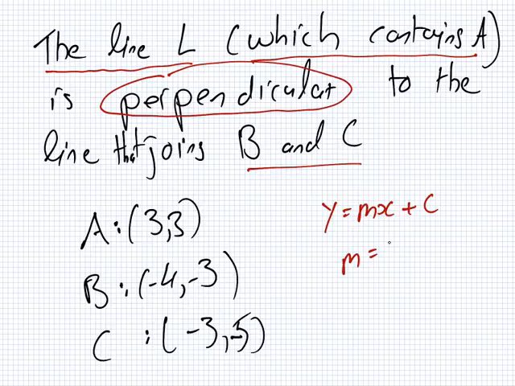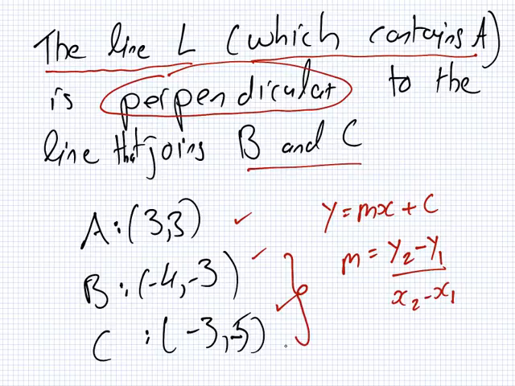Yeah, you can give me the formula. y2 minus y1 over x2 minus x1. Good. And which do I use? A, B, or C? B and C. Yeah.